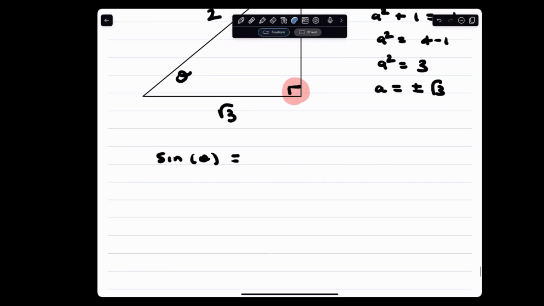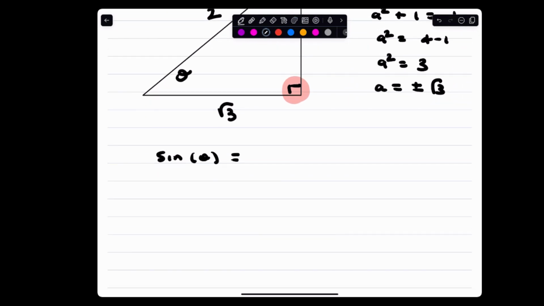Well, what's the definition? You're not going to answer the question without a definition. Sine is what again? Opposite over hypotenuse. So sine of the angle theta is the ratio of opposite over your hypotenuse.